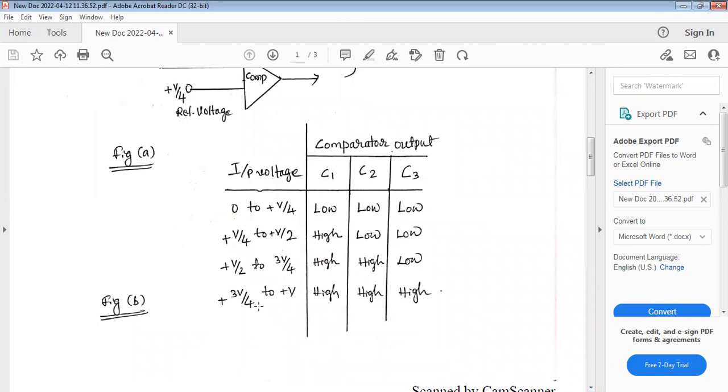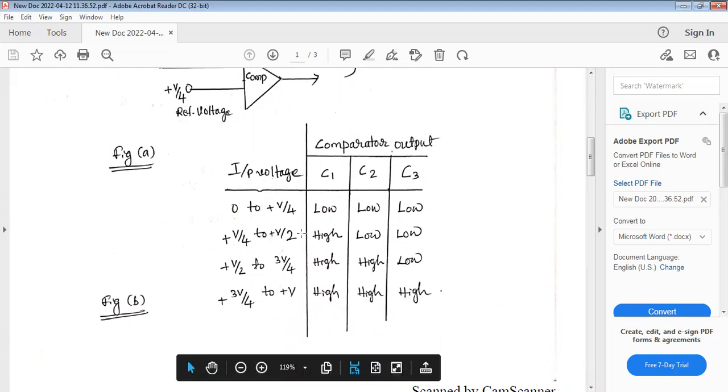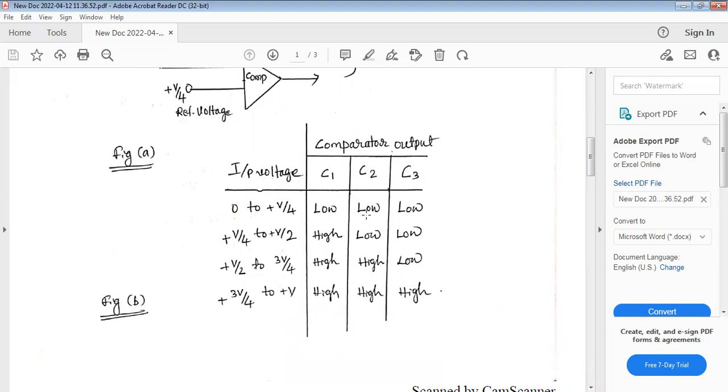At different input voltages, these three comparators work differently, depending upon these voltage levels. Depending upon the input voltage, these three comparators will be either at a high position or at a low position.